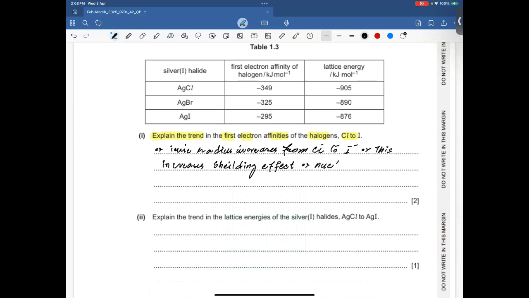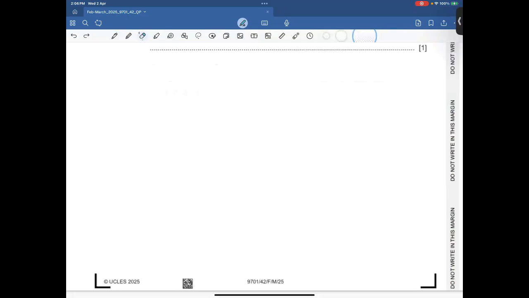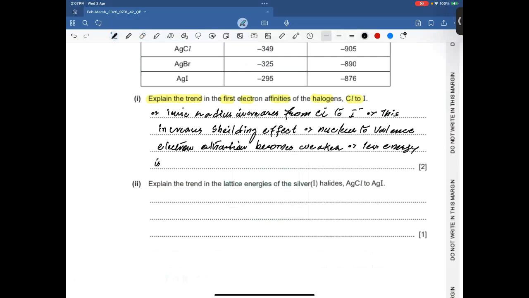So nucleus to valence electron attraction decreases, less energy is released. So electron affinity becomes less exothermic.